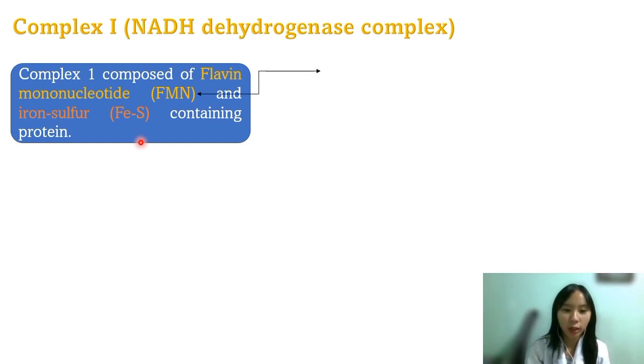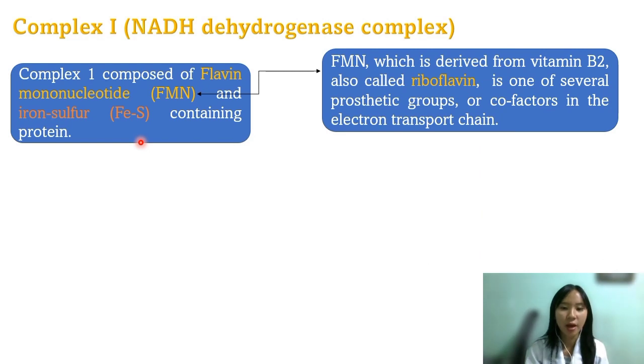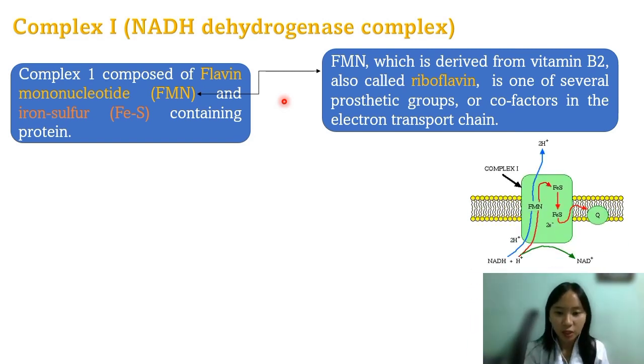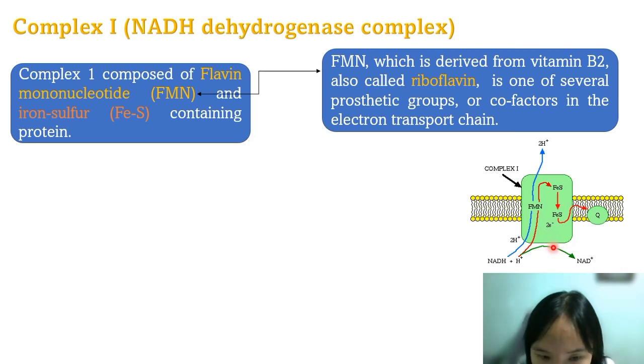What is FMN? FMN, which is derived from vitamin B2, also called riboflavin, is one of several prosthetic groups or cofactors in the electron transport chain. Here you can see complex 1, which contains FMN and iron-sulfur, flavin mononucleotide.